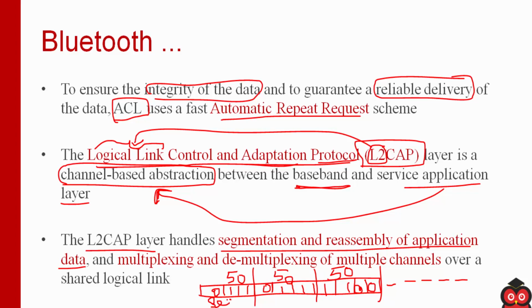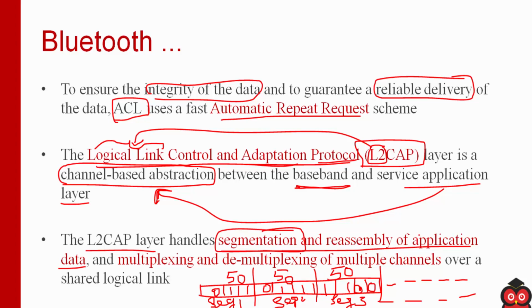So this is segment 1, segment 2, segment 3, and so on. Here the entire data or message is divided into different segments. That process is called segmentation.